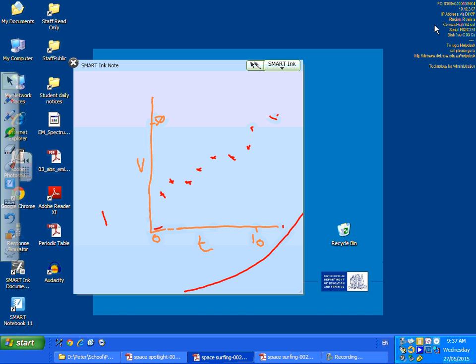The graph's supposed to be linear and you just use a straight line, or it's supposed to be parabolic. What happens if you have one like this, guys? Then that's an outlier, ignore it. So if you get an odd cross up there, just take it out of the picture and put your line of best fit in.